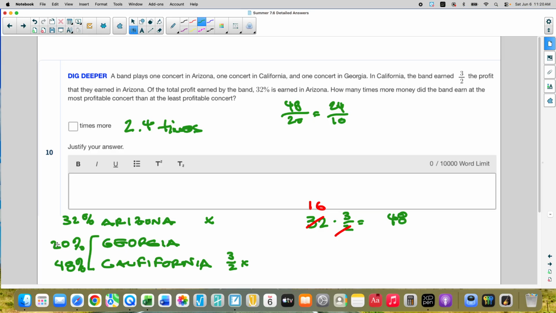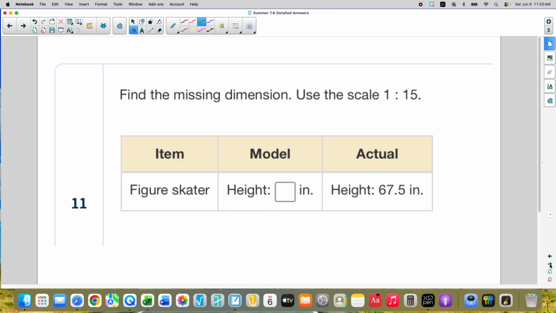So Georgia was 20, 2.4 would give you 48, which is California. California was the most profitable. We make that over 100, so 240%, or 2.4 times as profitable. Yeah, I like that. That's 240%, which as a decimal gives me 2.4.